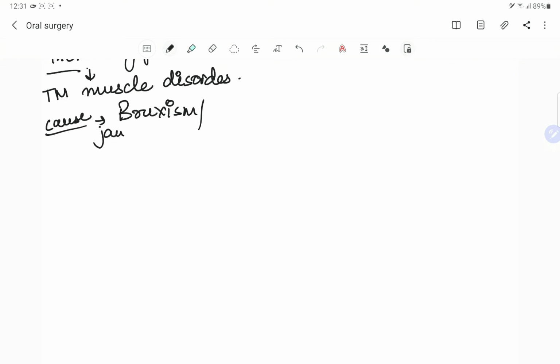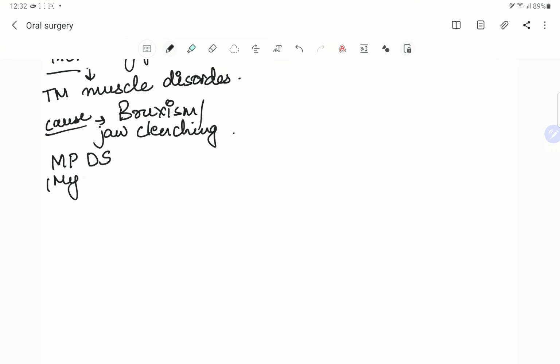That can be associated with a masticatory muscle dysfunction or temporomandibular muscle disorder, or basically it comes in the category of non-articular, because we are not talking about the joints, we are talking about the surrounding muscles. What happens if a person is clenching the teeth? We see that the most common disease which is associated is myofascial pain and dysfunction syndrome, which is our MPDS.